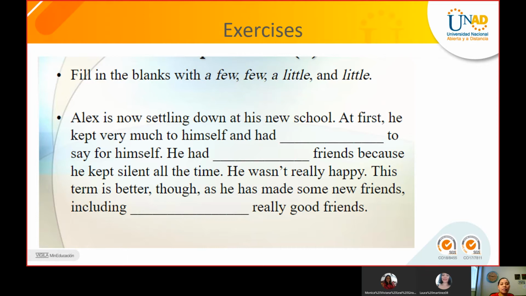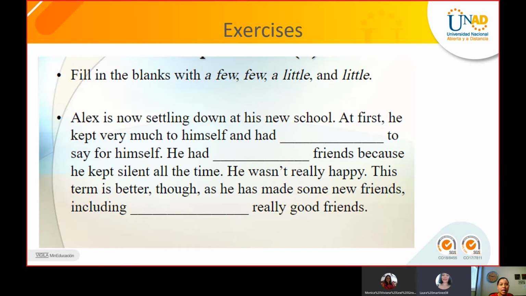So, Alex is now settling down at his new school. Alex, can you repeat after me? Alex is now settling down at his new school.